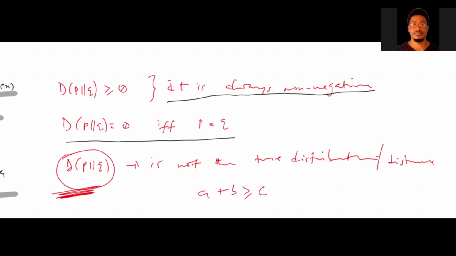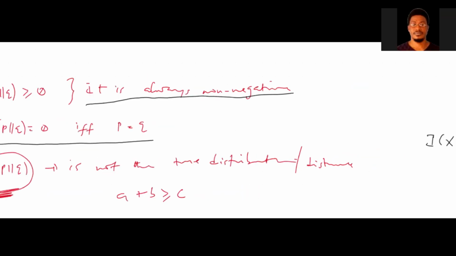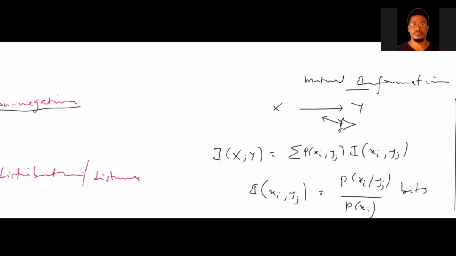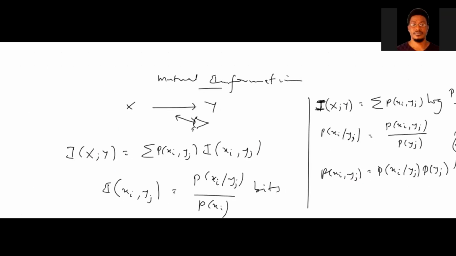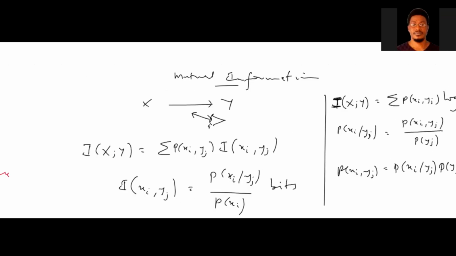Now, so let's come to the very important point, which is mutual information. We've been talking about mutual information. So, like I mentioned earlier, given that X was transmitted and Y was received, mutual information literally tells us the amount of information gained by Y about X. Okay?